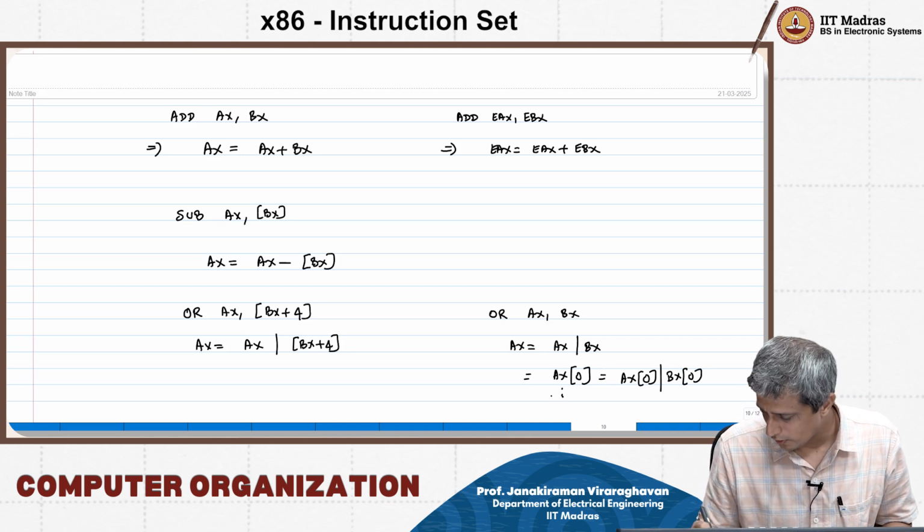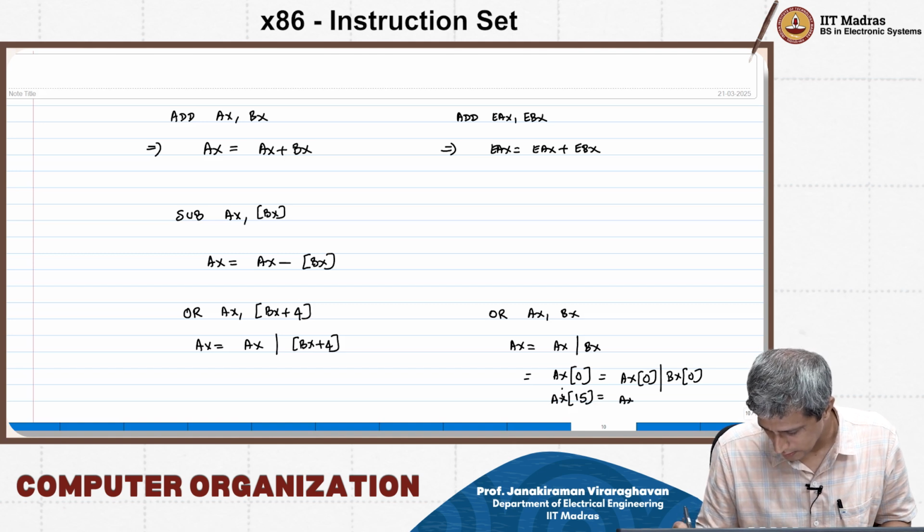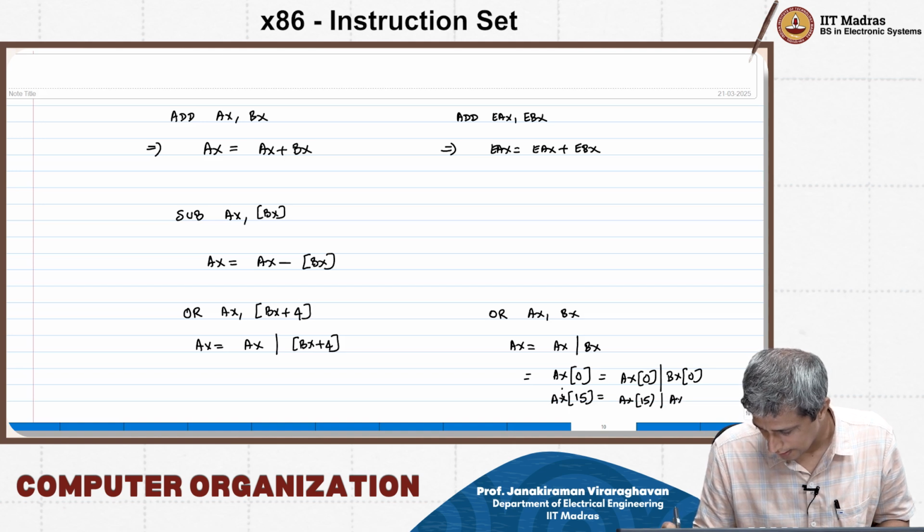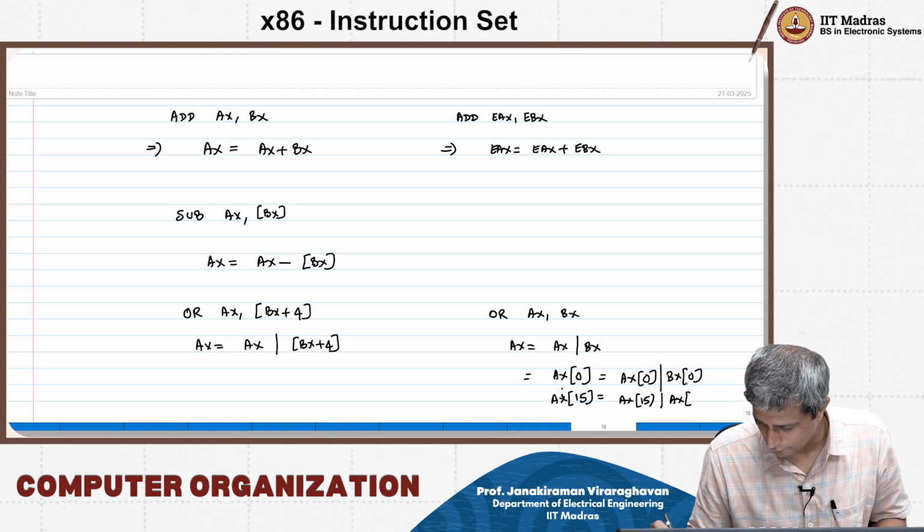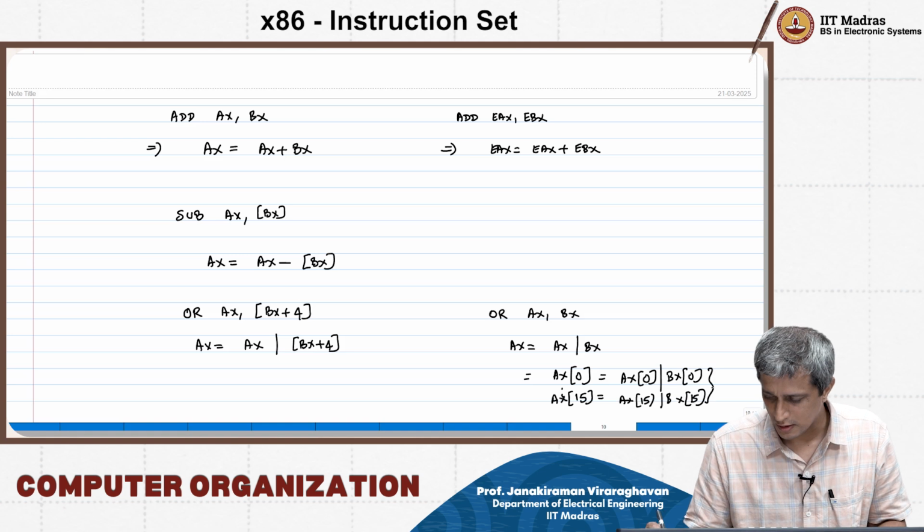Like that, for every bit, up to bit 15 of AX equal to bit 15 of AX OR bit 15 of BX.